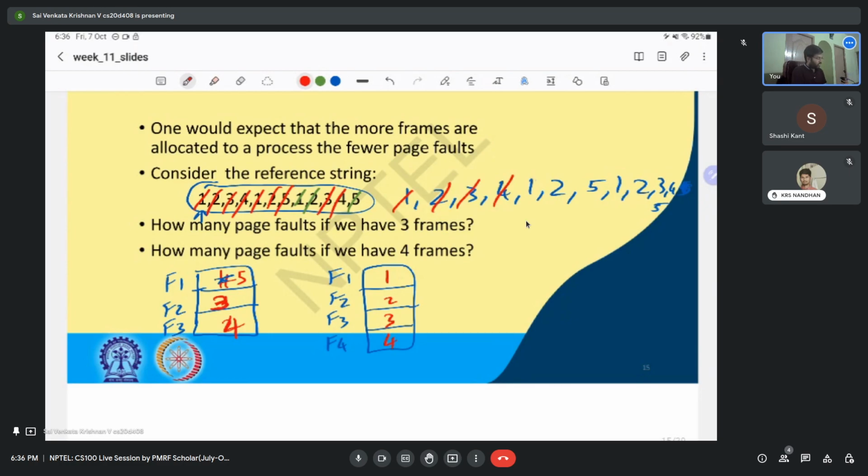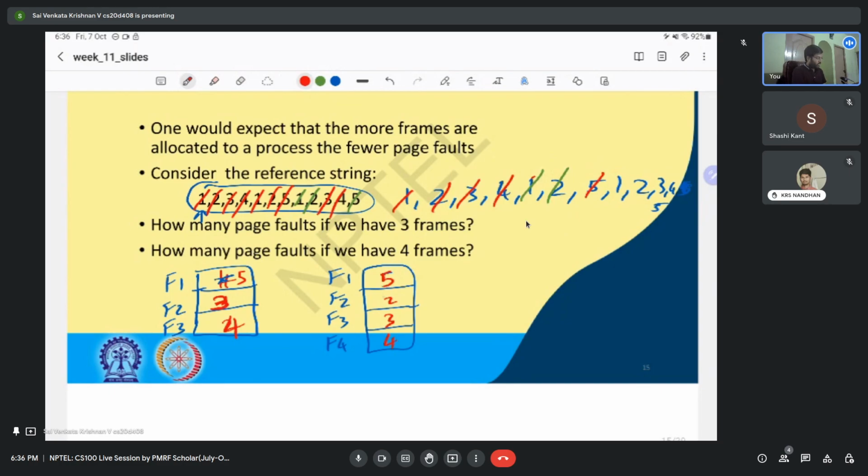Now 1 will be a hit, 2 will be a hit, and 5 will be over here.